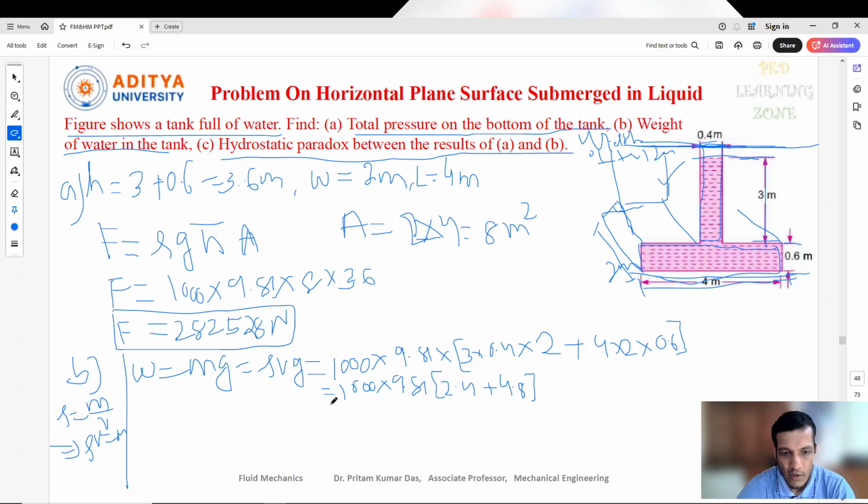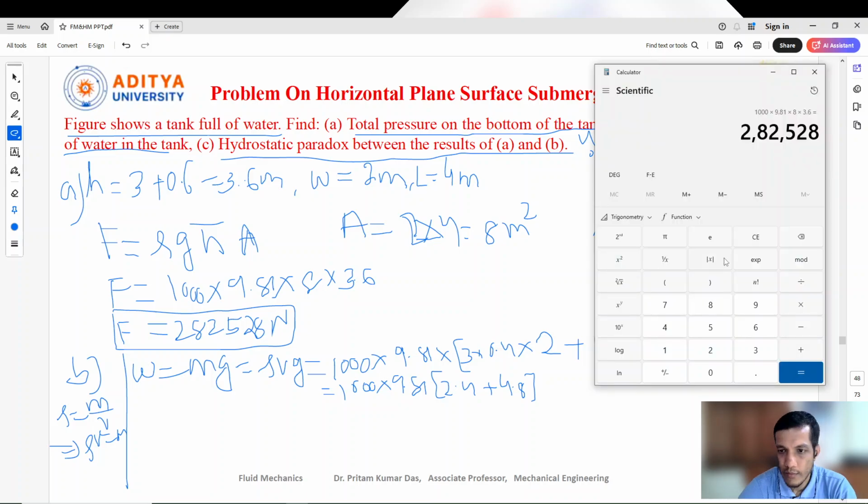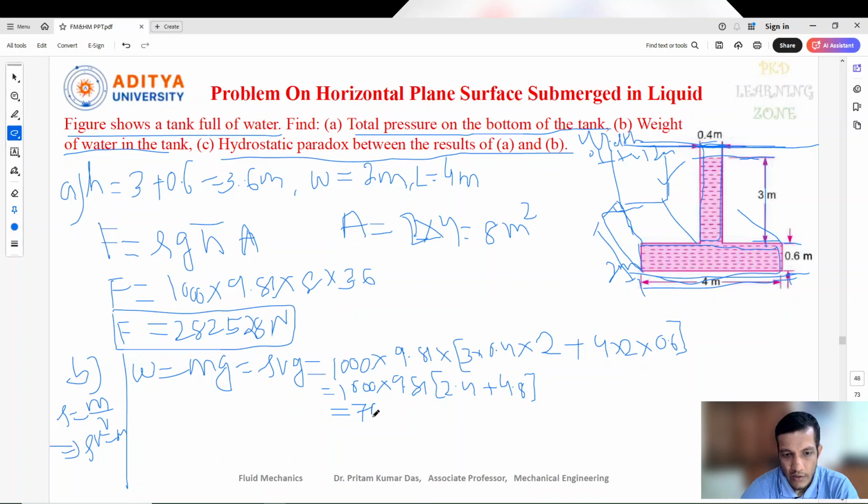So if you multiply this, how much will we get? 1000 into 9.81 into, here it is 6 and this is 7.2, so near about 70,632 Newton.